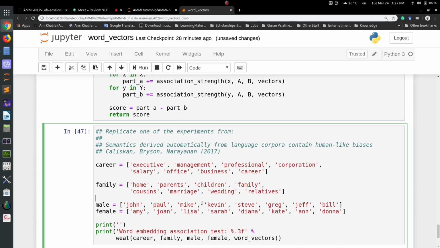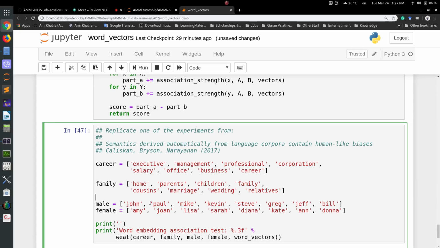Because the male names have a large association with the career words and not with the family words, and because the females have a large association with the family words and not the career words, there is a big difference between the two groups. So this is what we just did.